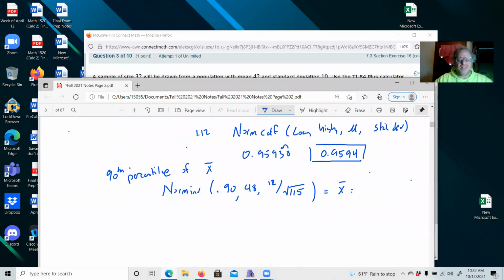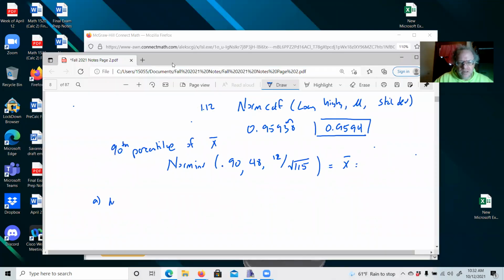So first off, is it appropriate to use the central limit theorem? Is it appropriate to use a normal distribution for x bar? This is not a yes or no question. So yes, because n is greater than 30.